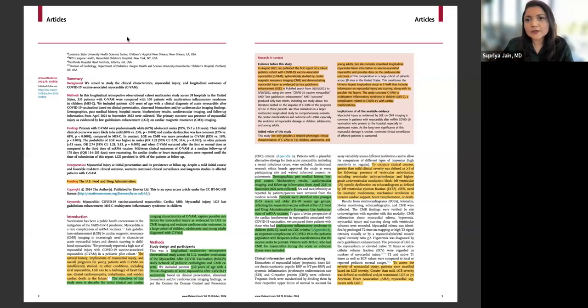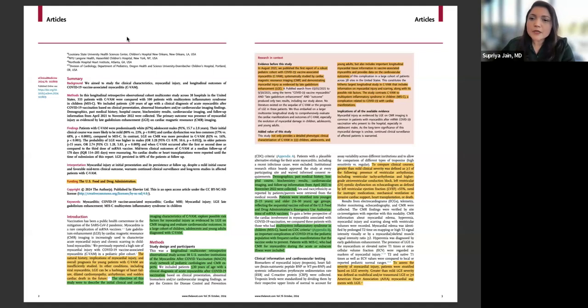And just to highlight, the strength of this paper was that we looked not only at the detailed phenotypic outcomes. One of our other aims was exploring possible risk factors for myocardial injury. And so we wanted to compare the outcomes and follow them longitudinally.